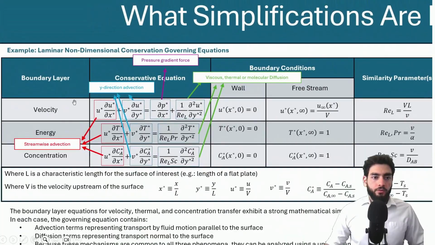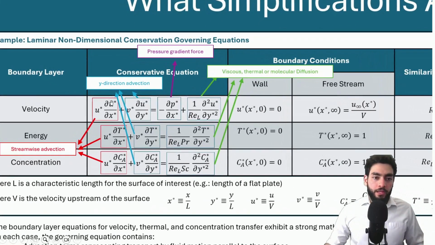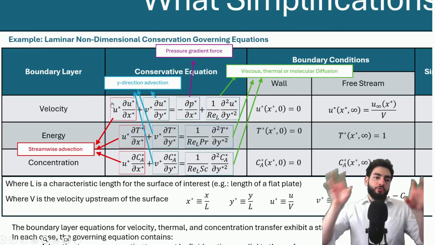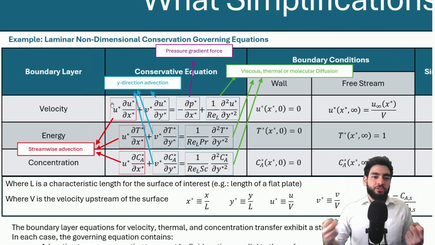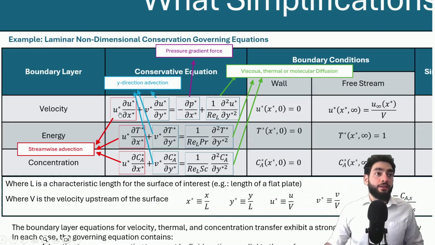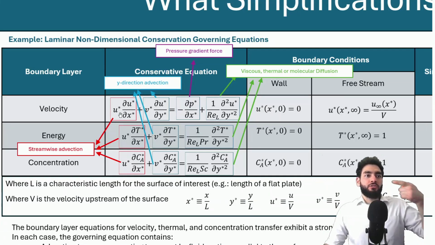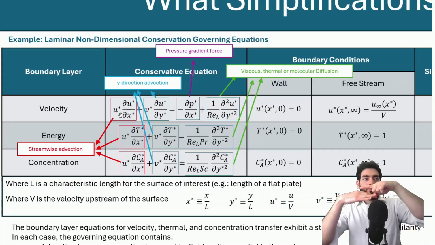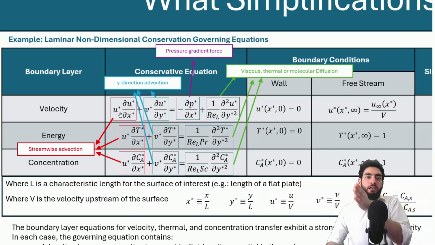Okay, so let's try to look at the terms. On the left-hand side, the first two terms are actually the advection terms. The first advection term is the streamwise advection term, so it's the advection going parallel to the plate, in the direction of the bulk motion.